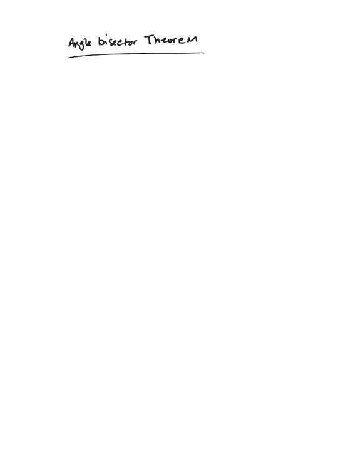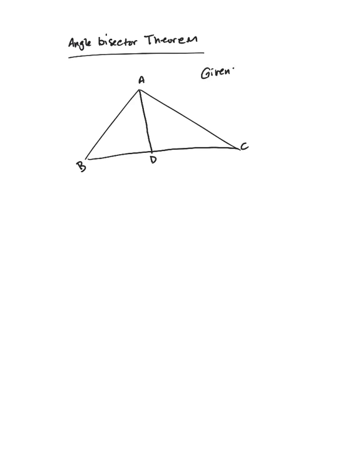So we start off, we have a triangle, and we have an angle bisector. Now you know an angle bisector. Okay, so I will call this AD, and I'll call this BC. So given AD bisects angle BAC.